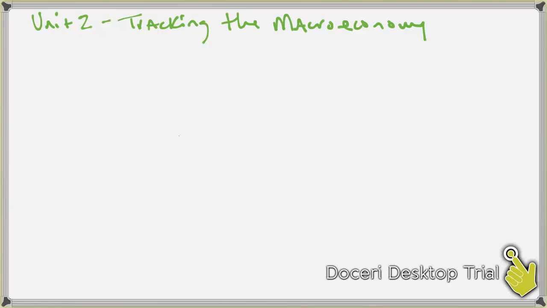And in unit 2, we're going to talk about statistics. And the most important statistic that we're going to talk about for the whole semester is GDP. We're going to put it number 1. And we're going to say, what is GDP?